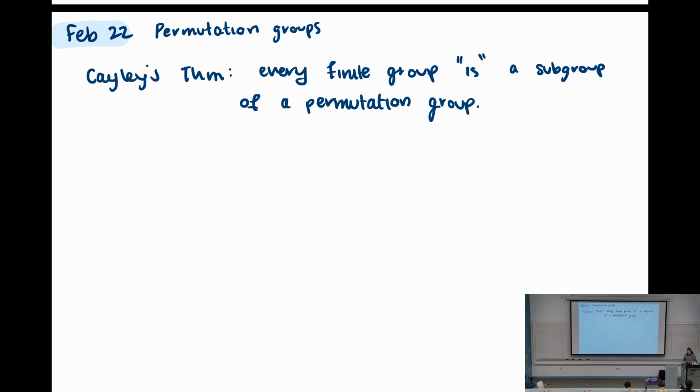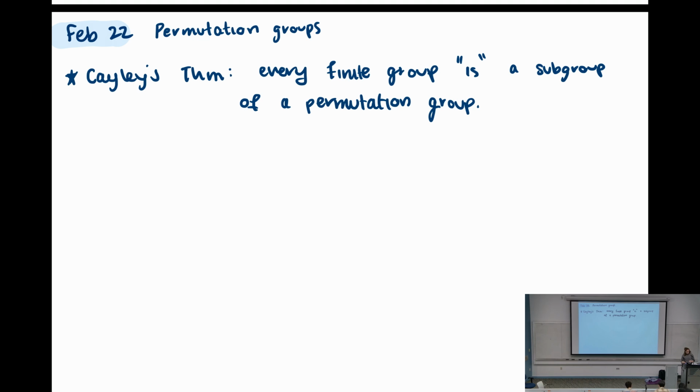This is sort of our goal for the next couple of lectures. Building up to that, we're going to have to prove a bunch of properties about permutation groups, and we'll also introduce some more efficient notation for writing down permutations.